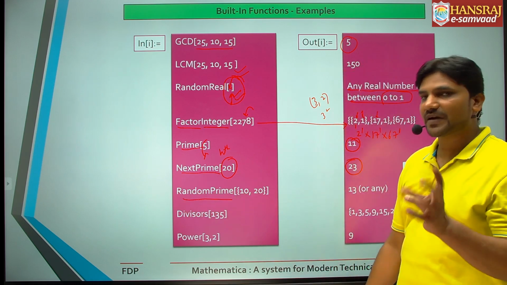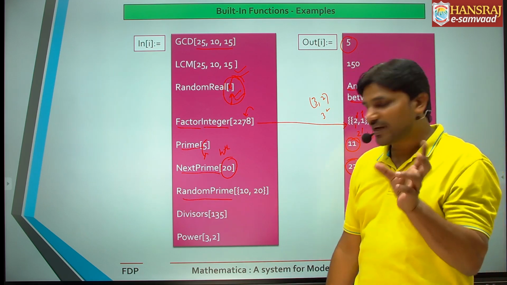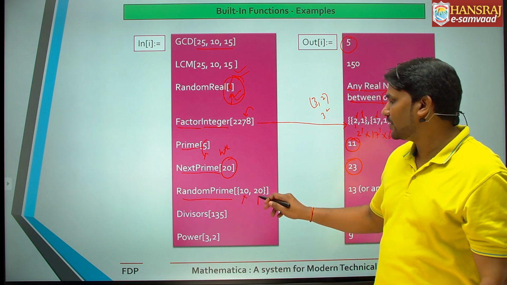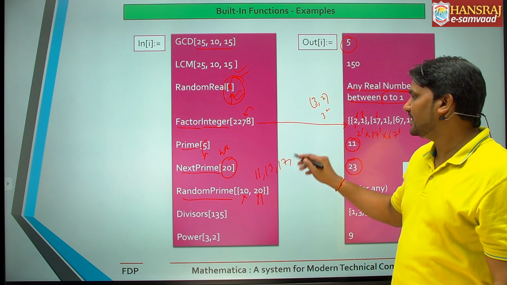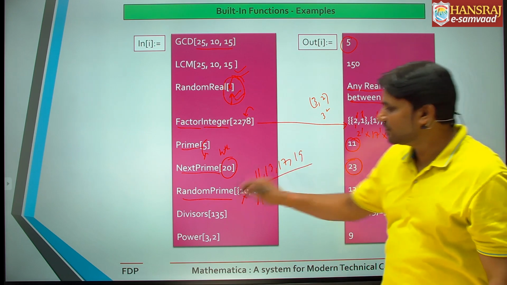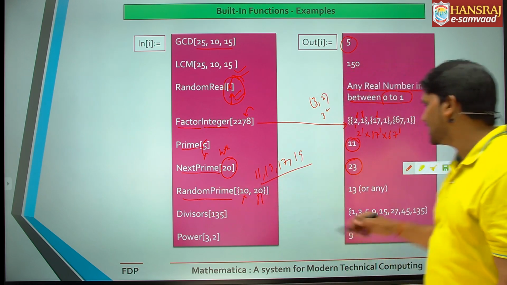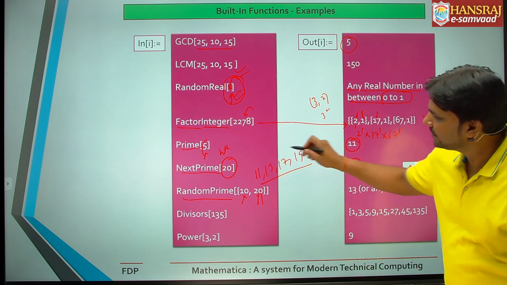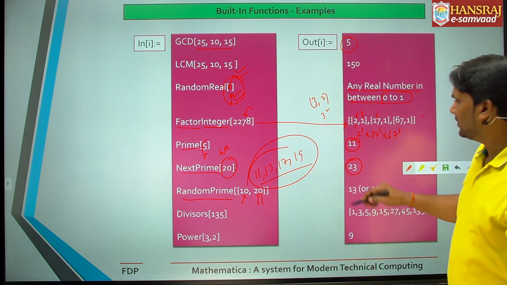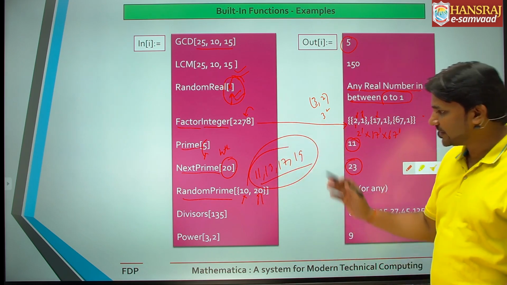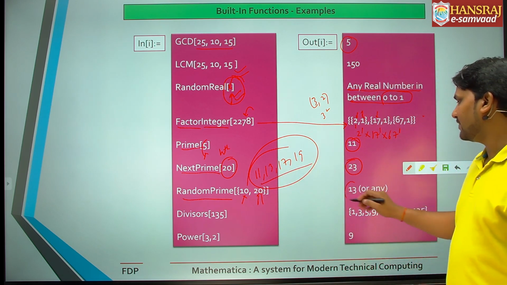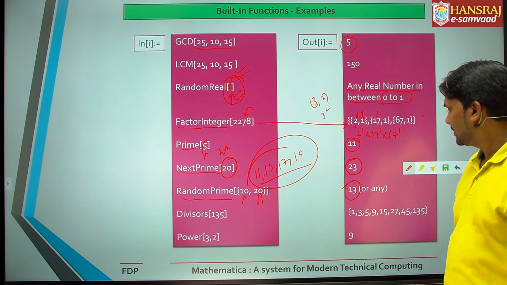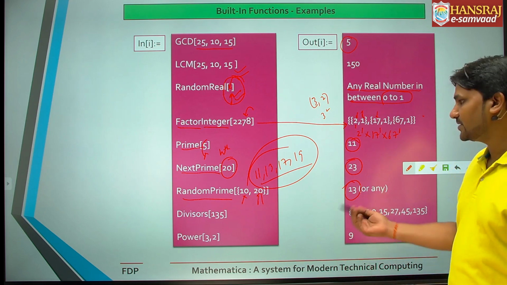You want to pick a random prime between some values, for example 10 to 20. There are 11, 13, 17, 19, 4 primes. But if you are using RandomPrime, that means any one from 10 to 20, that is basically from all 4. So any one will be picked here, and this will be your output.